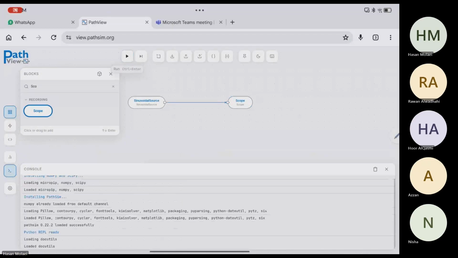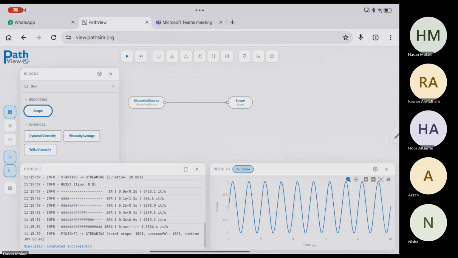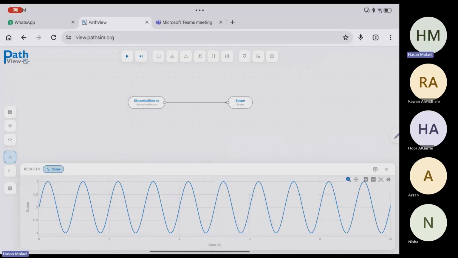Now I have a sinusoidal output with the frequency of 1. I need to add another one. How much should I put its frequency and its amplitude? Anyone has any idea?